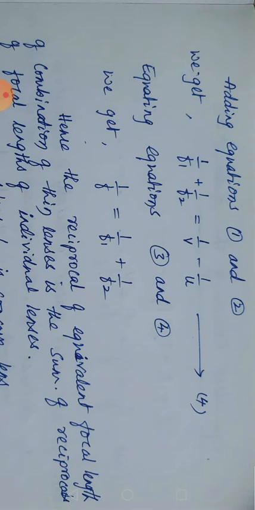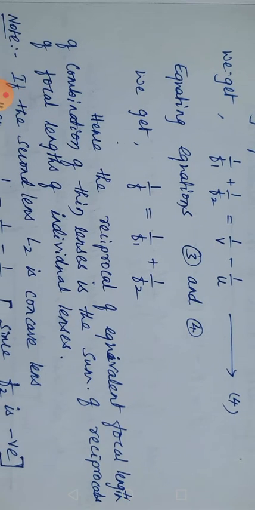Equating these, we get 1 by f equals 1 by f1 plus 1 by f2. Hence, the reciprocal of the equivalent focal length of a combination of thin lenses is the sum of reciprocals of the focal lengths of individual lenses.